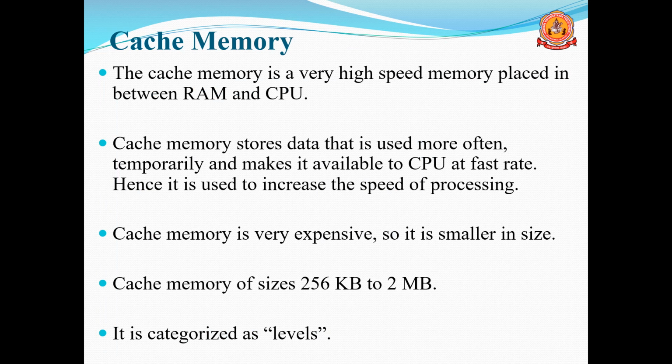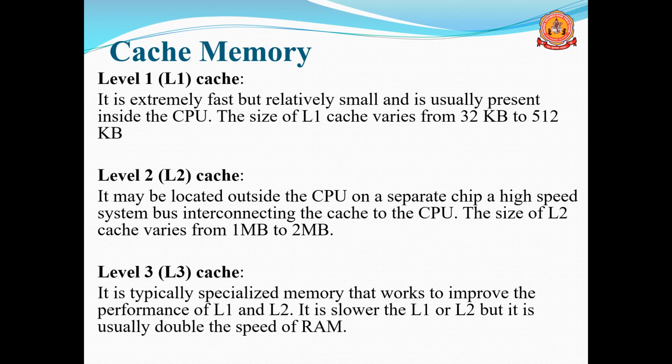That is a normal size of the cache memory, and it is categorized into different levels. Mainly 3 types are there: level 1, level 2, level 3. Level 1 is known as internal cache memory.